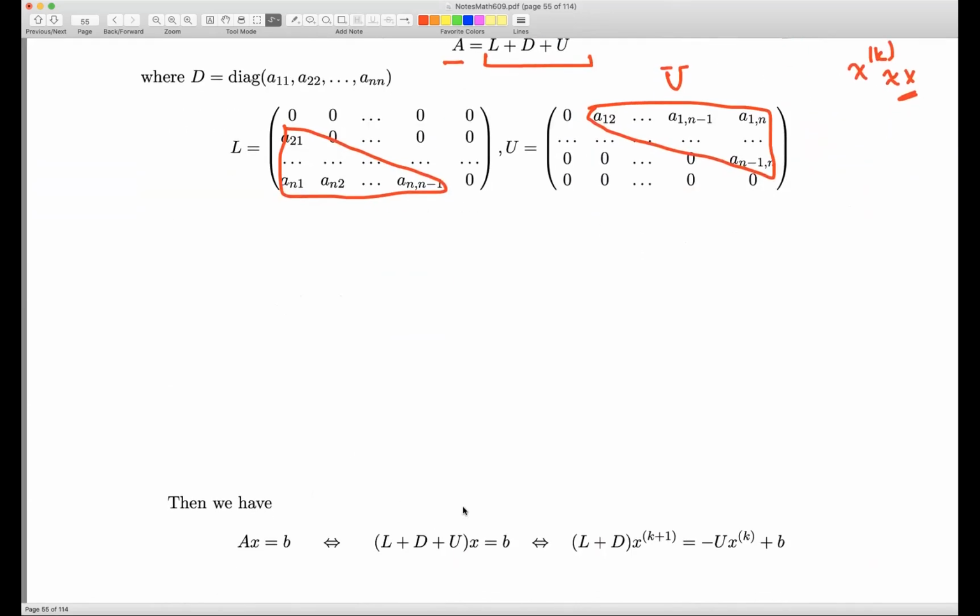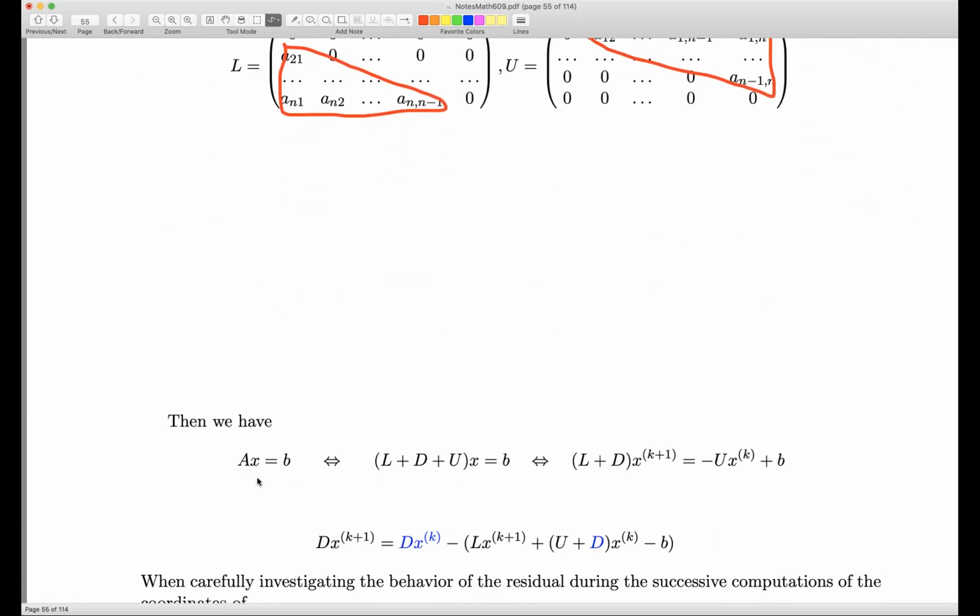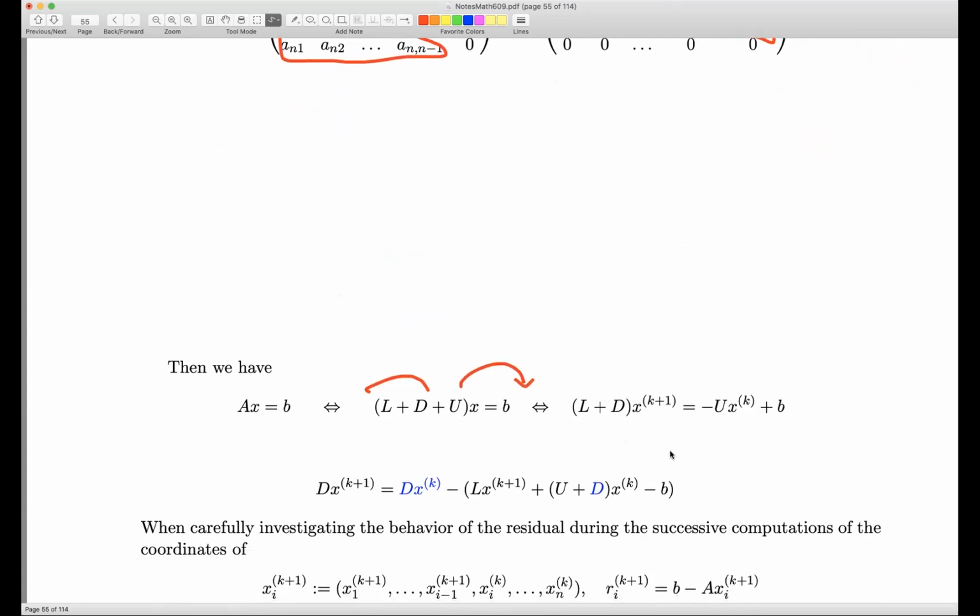We rewrote the matrix A as L plus D plus U, and we left L plus D on one hand side, and we moved Ux to the other hand side. Everything on the left hand side we associate with index k plus 1, and everything on the right hand side we associate with index k.